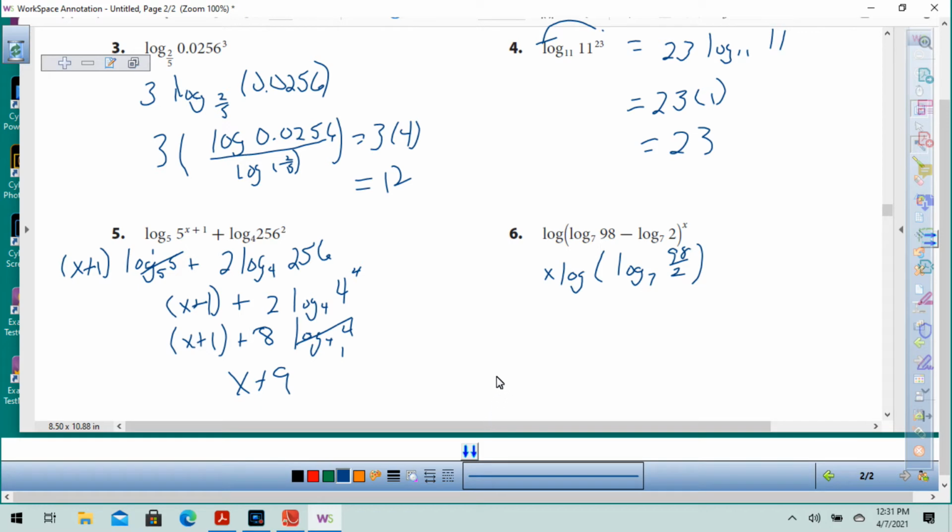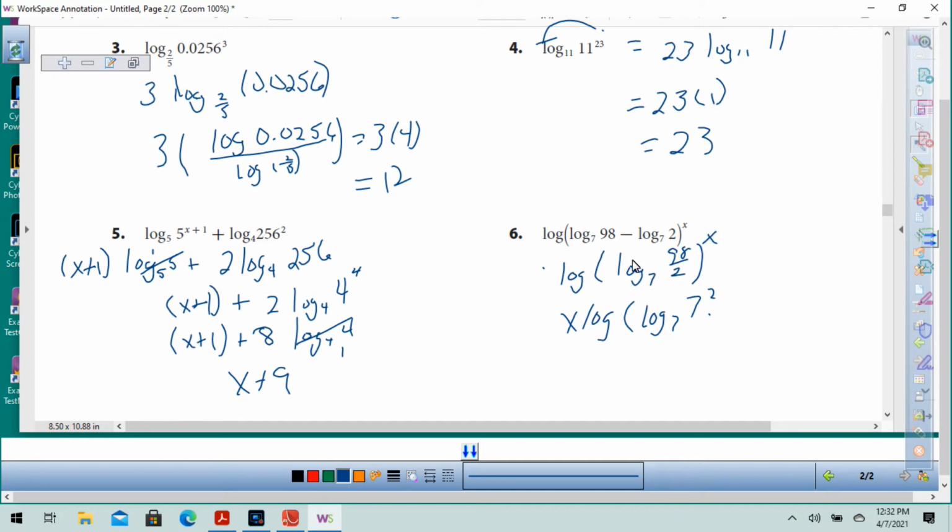Well, 98 divided by 2, that's going to be log base 7 of 49. Well, 49 is the same as 7 squared, right? And I've got this up here, let's leave that right there.